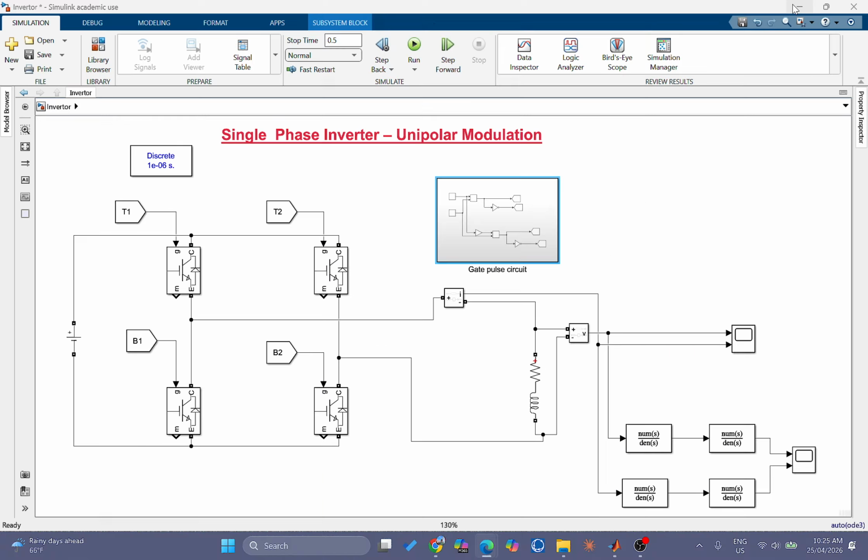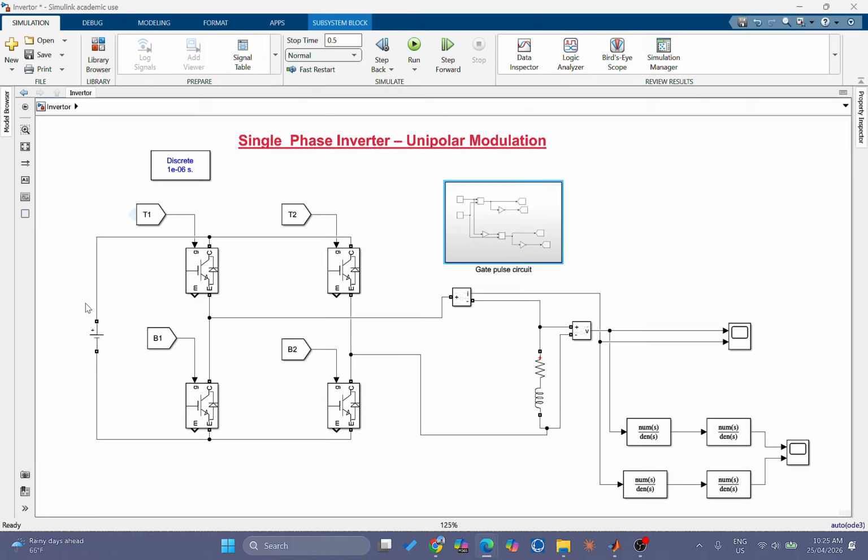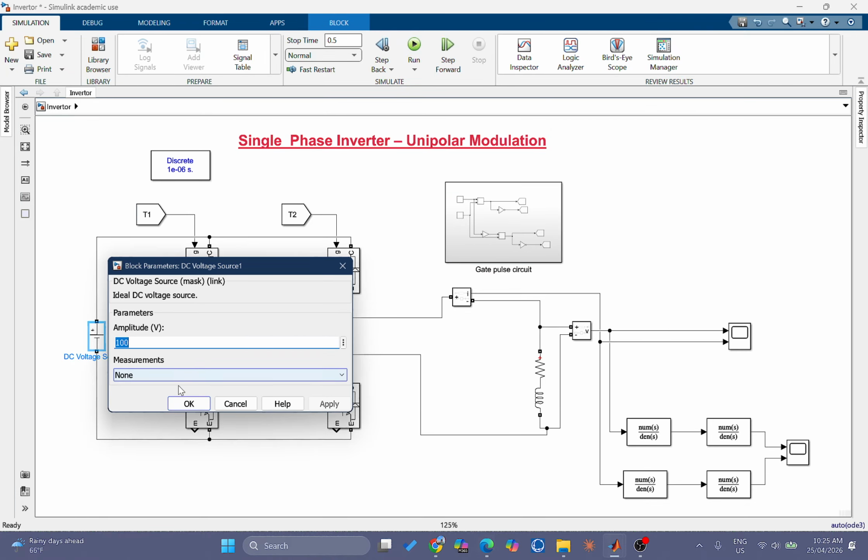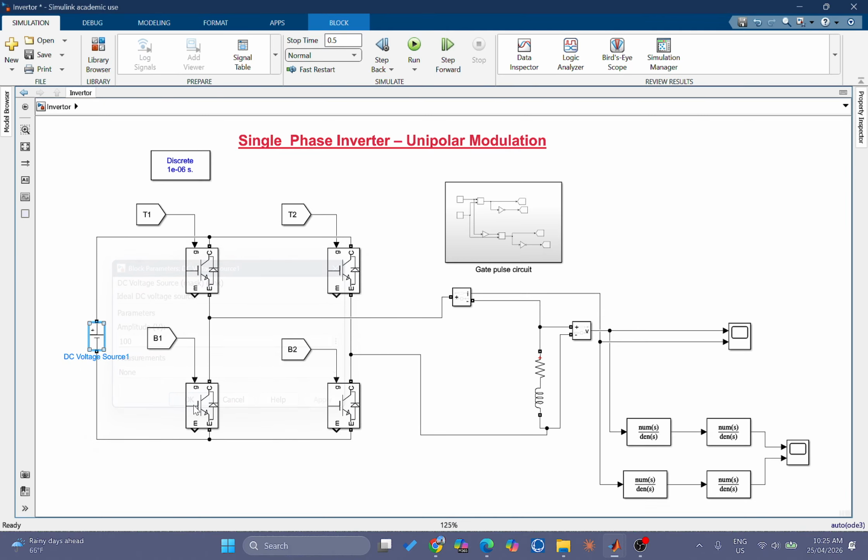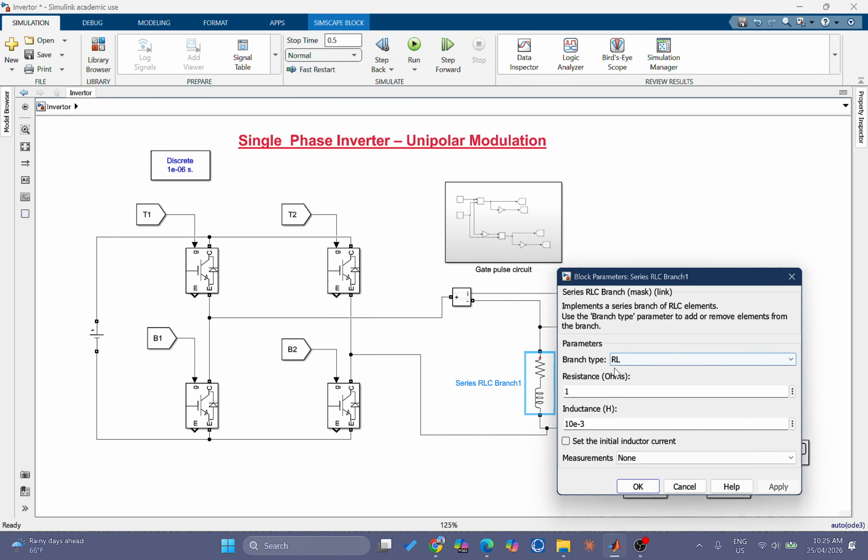Okay, moving on to the model architecture, we have a DC voltage source of 100 volts, and this is the H-bridge inverter. I have an RL load.